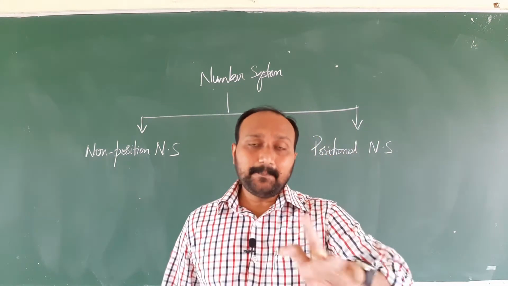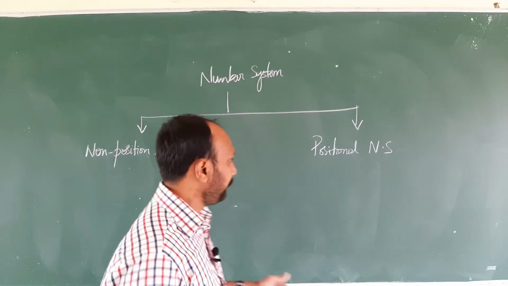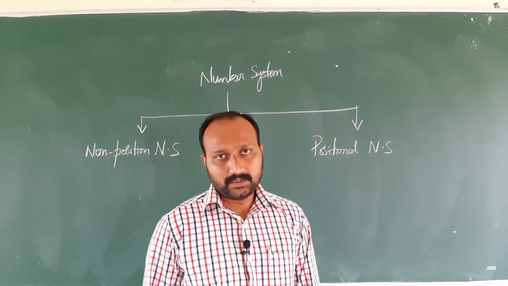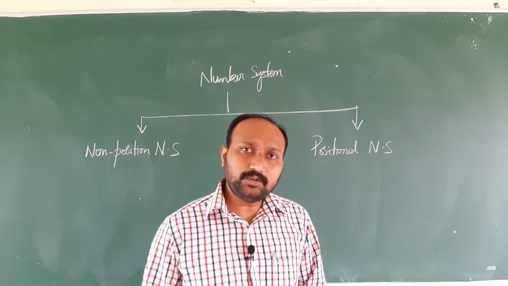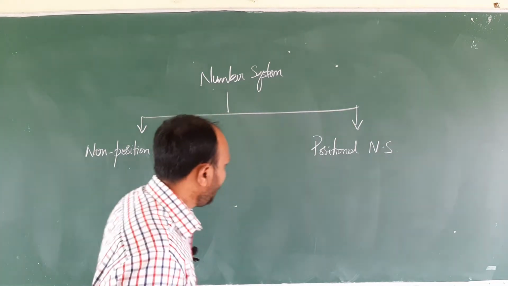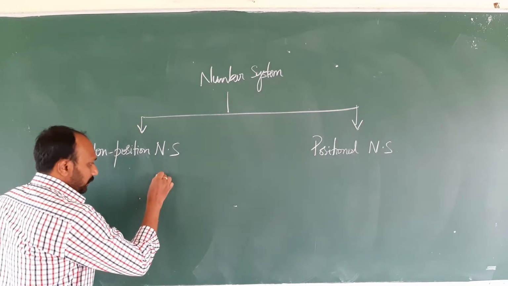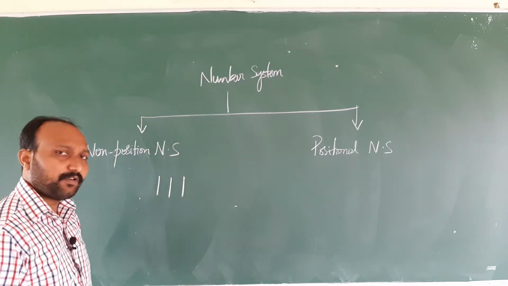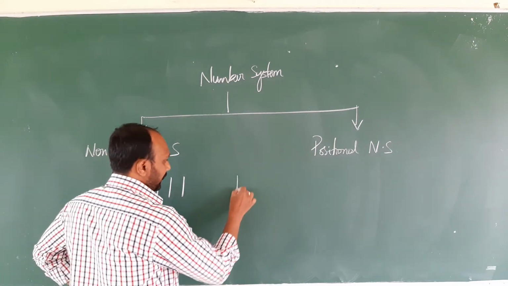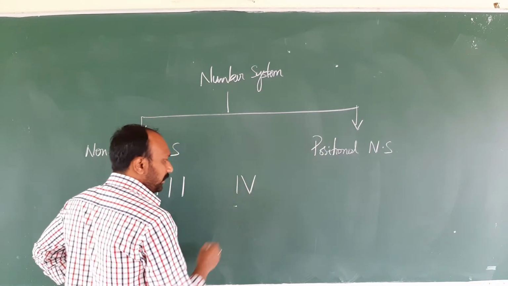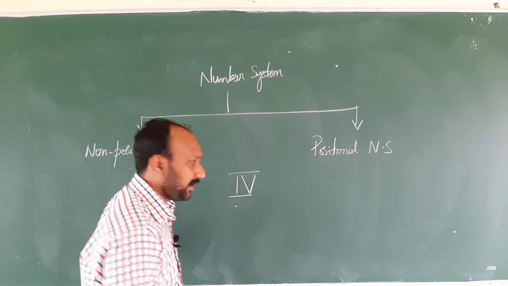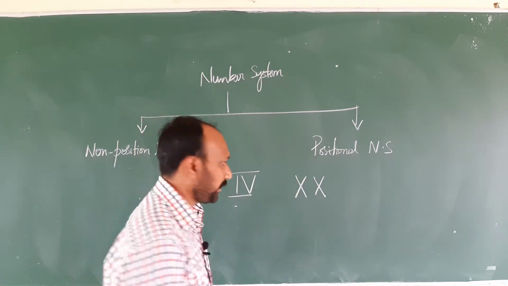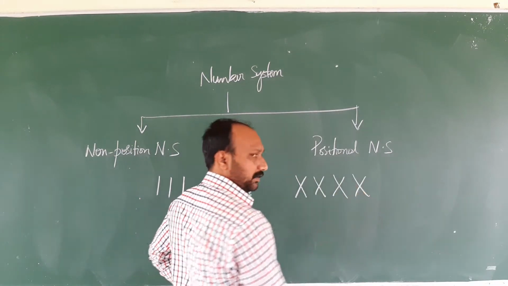The best example that can be taken for non-positional number system is Roman number system. In Roman number system, if I want to represent 4 or 3, how can I represent it? This is 3. If I want to represent 4, then I can say like this. If I want to represent 20, then I can represent like this. If I want to represent 40, like this.